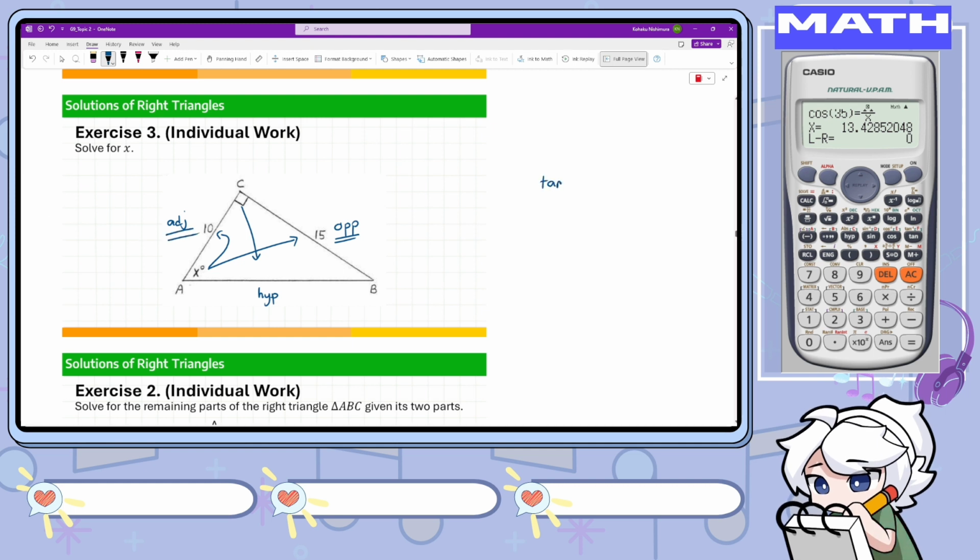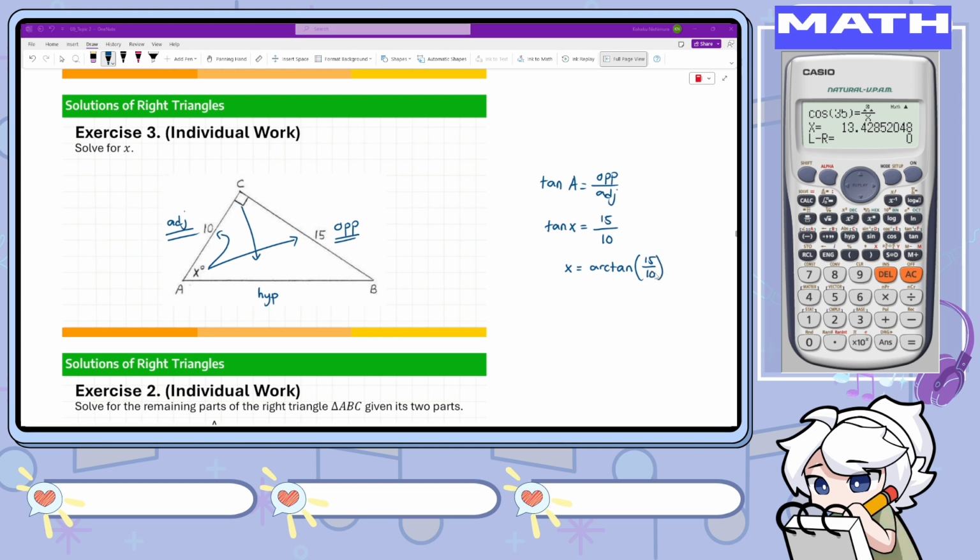Tangent. Very good. So tangent of A is equal to opposite over adjacent. Now, tangent x is equal to opposite being 15 over adjacent being 10. And simply solve for x as arctangent of 15 over 10.